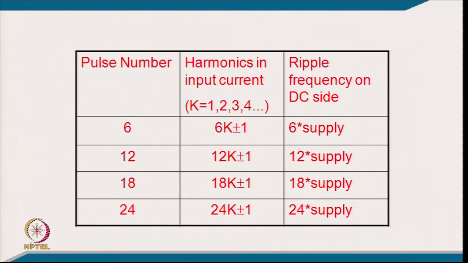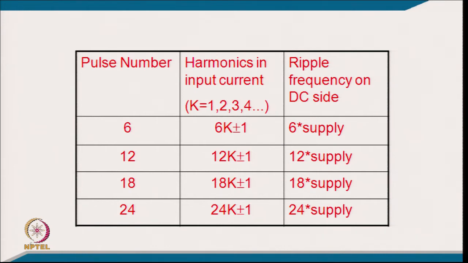But for 12 pulse you will have 11, 13. So, all harmonics below 11 will be eliminated because of the 12 pulse converter, and on the DC side you will have the 12th harmonic of supply. For 18 pulse it will be 18 plus minus 1. So, lowest will be 17 and then 19, and then the next band of 35, 37.